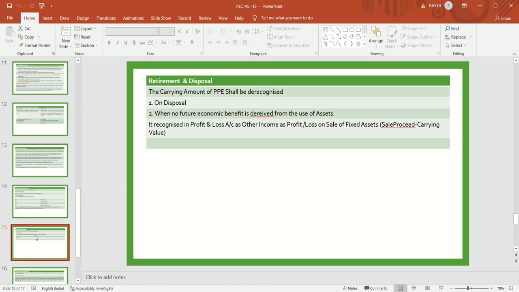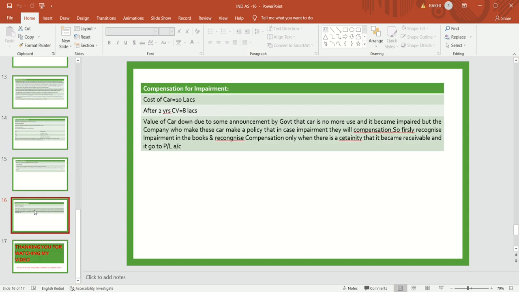So when the asset does not have any future economic benefit, how will the company recognize it? Recognize in the profit and loss account as other income, as profit or loss on the sale of fixed asset, that is sale proceeds minus carrying value. It is recognized in the P&L account as profit on sale of the fixed asset, that is sale proceeds minus carrying value.